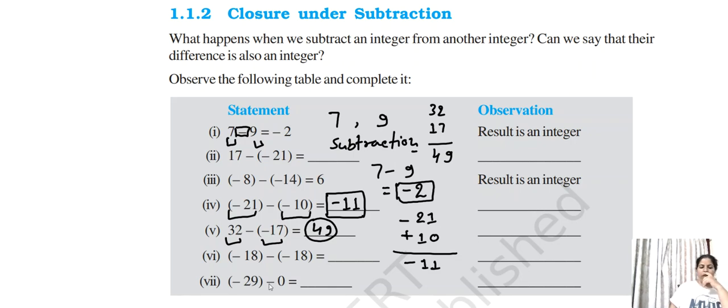Okay, then in this case, this is minus 21, the first integer, the second integer is 0, because we know that 0 is also an integer, and here we'll get minus 21, and this is also an integer. Okay, so all are actually integers. Observation is that all are integers.